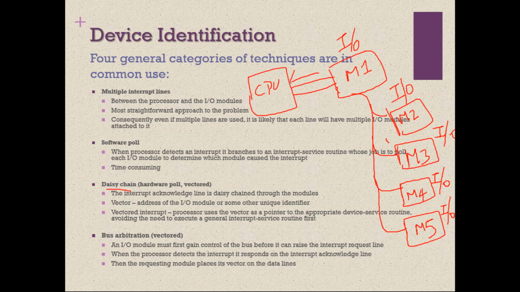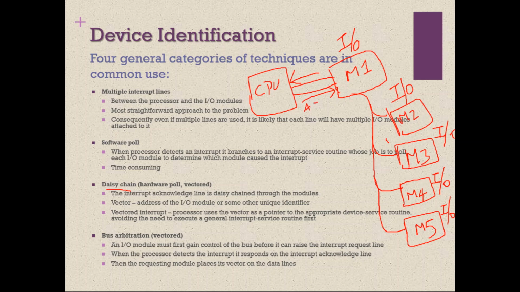The CPU knows that some device has created the interrupt, but which device, and what is the address of that device, the CPU does not know. So the CPU will send an interrupt acknowledgement signal back as a reply.